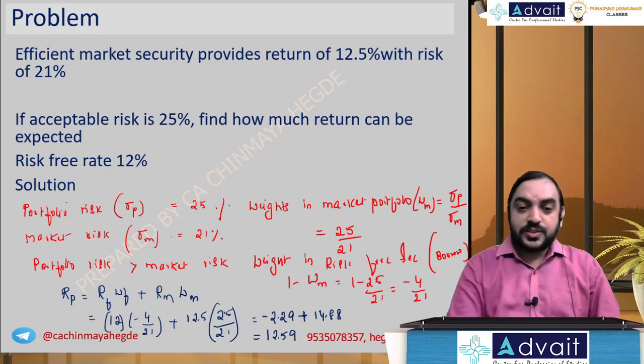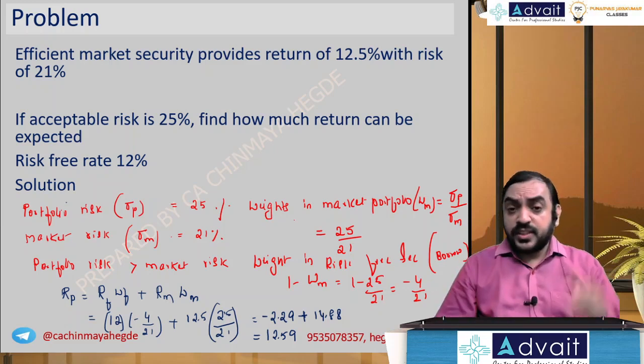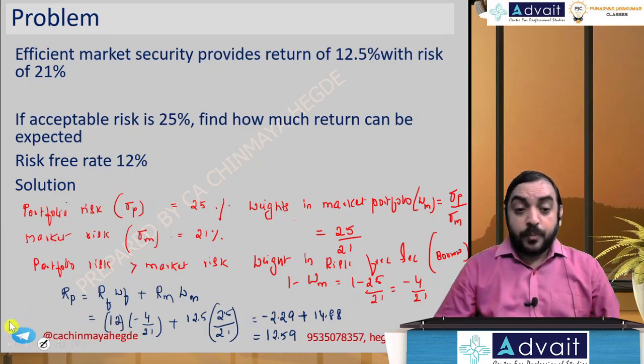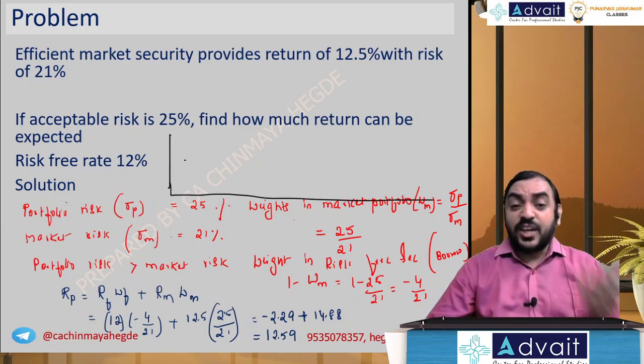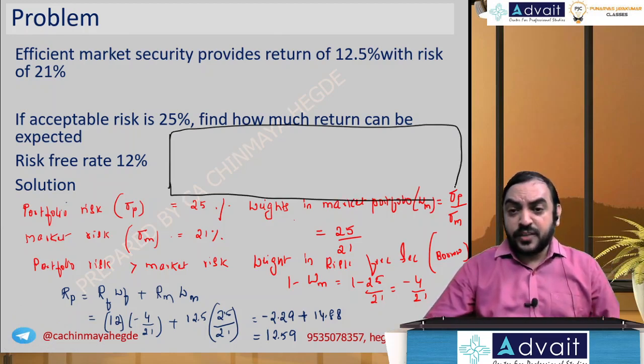the calculations. Okay. So this is one way of calculating. There was one more formula, if you remember, or main formula actually for capital market line, where directly we equated. Remember the formula?